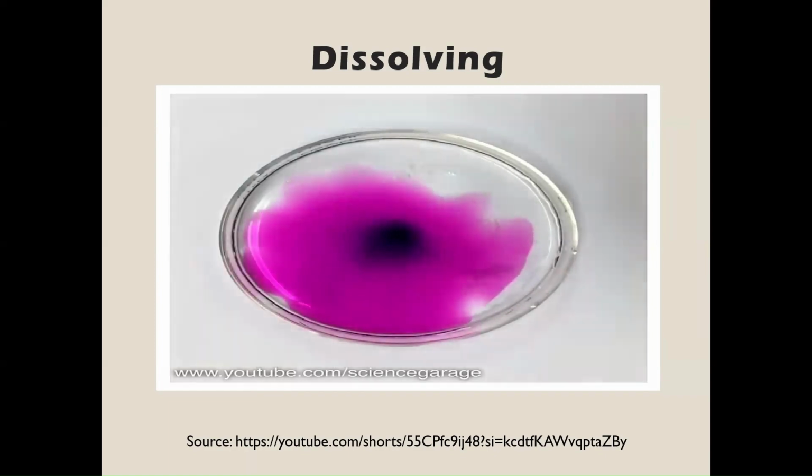And at the end, you will see this container has the same color. The liquid will have the same color, which means the concentration is now equal everywhere in that solution.